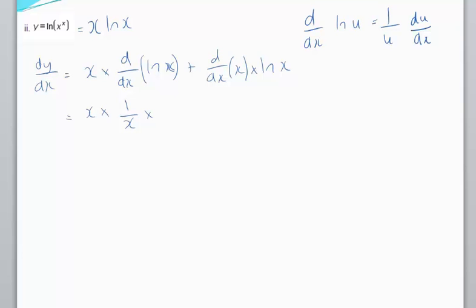We differentiate x and we get 1. Plus d on dx of x, we get 1 multiplied by the natural logarithm of x. So we end up with x over x plus the natural logarithm of x. These cancel out and give us 1 plus the natural logarithm of x.